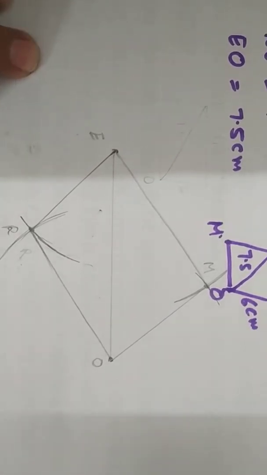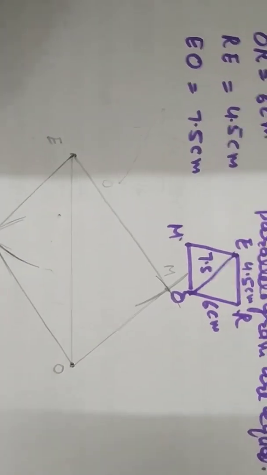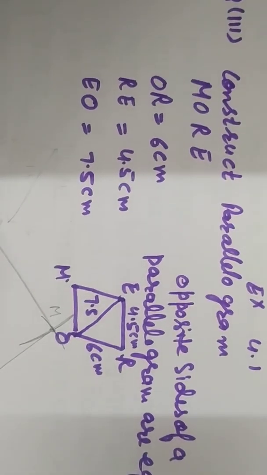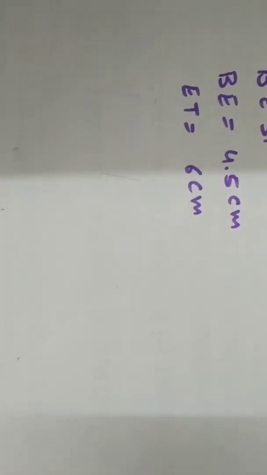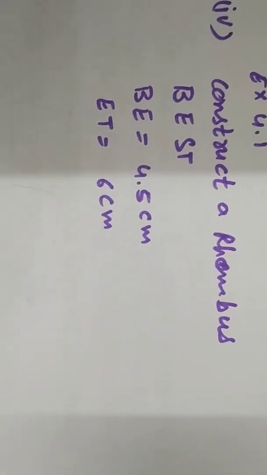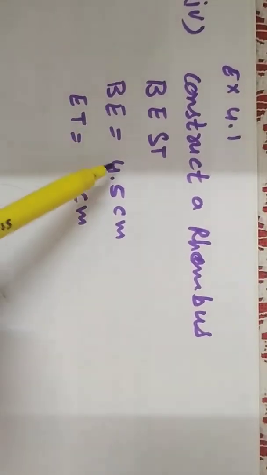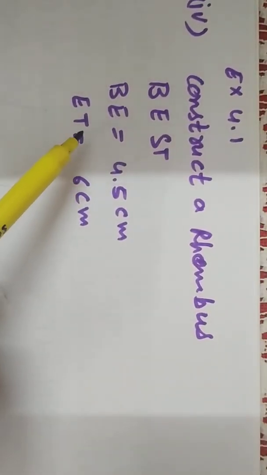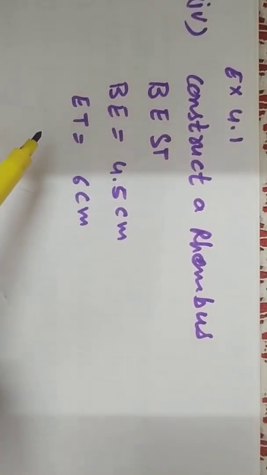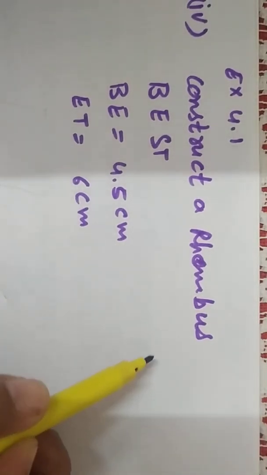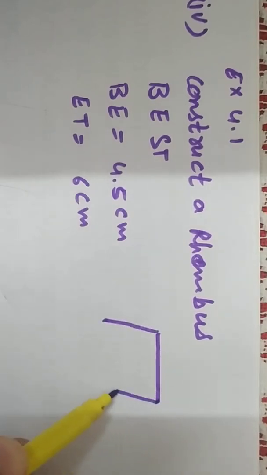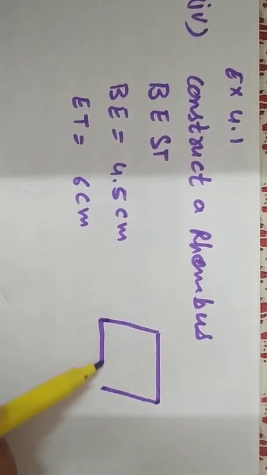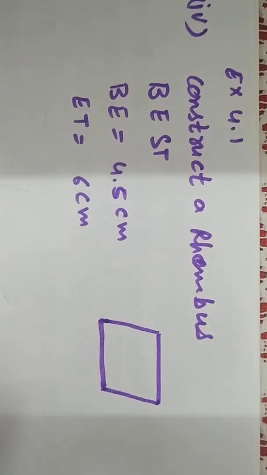Now the next question is the fourth question. In this question, construct a rhombus BEST in which BE and ET are given to us. Now let us draw a rough sketch of the rhombus. Rhombus is also a parallelogram, in which all sides are equal.